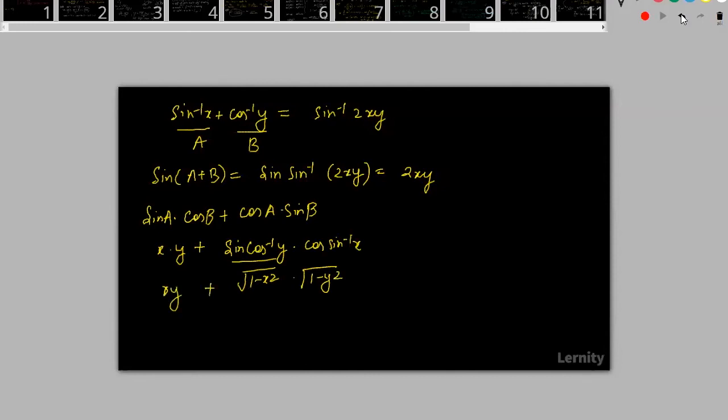Plus xy is equal to 2xy. So this will simply become the root terms equal to xy. If I square both sides, this will become 1 minus x square into 1 minus y square is equal to x square y square, and from there we proceed.